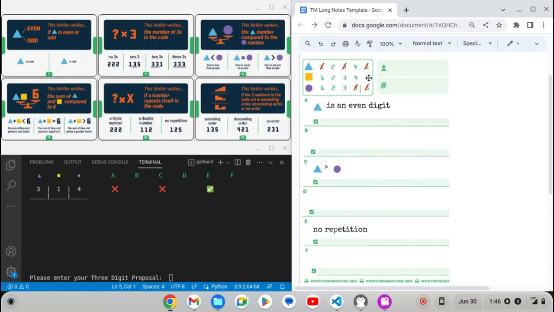If it's 4, 5, then it would definitely be no order. But if it's 4, 3, then it would be descending.